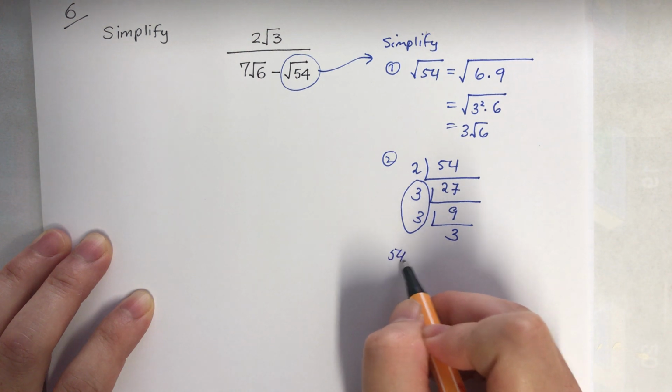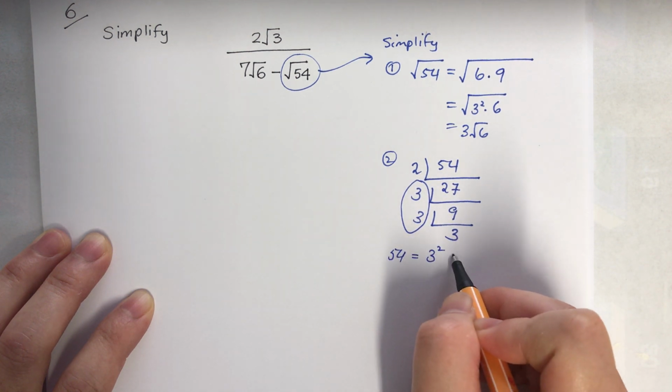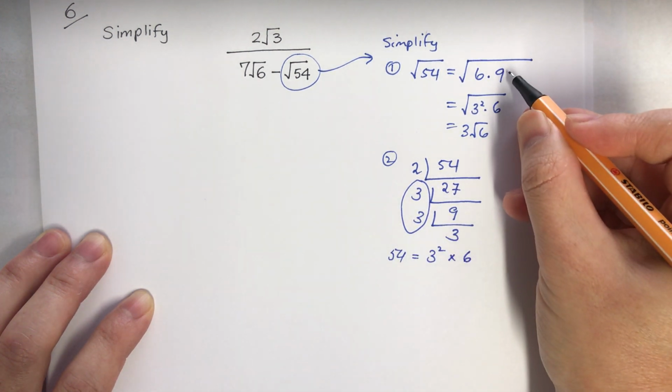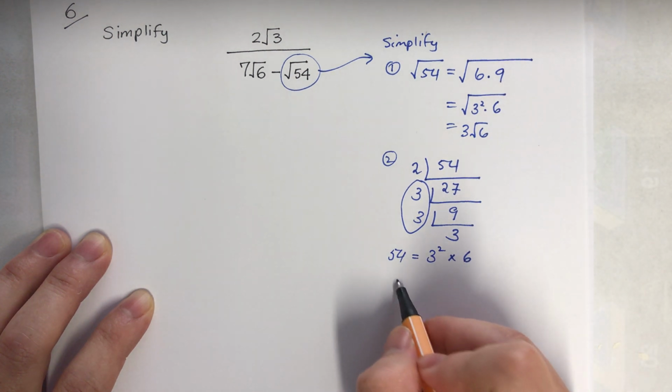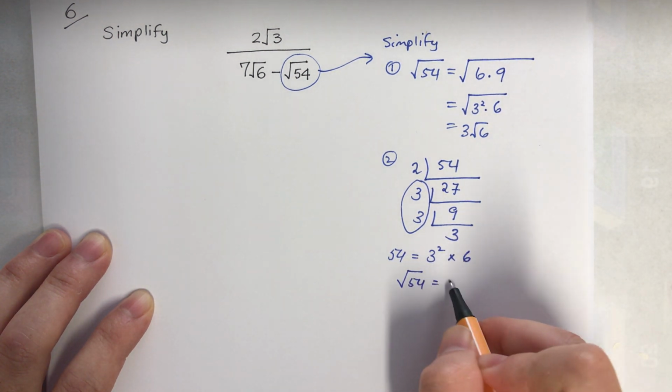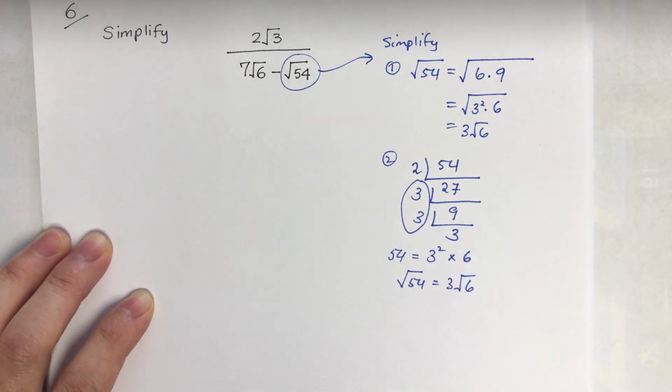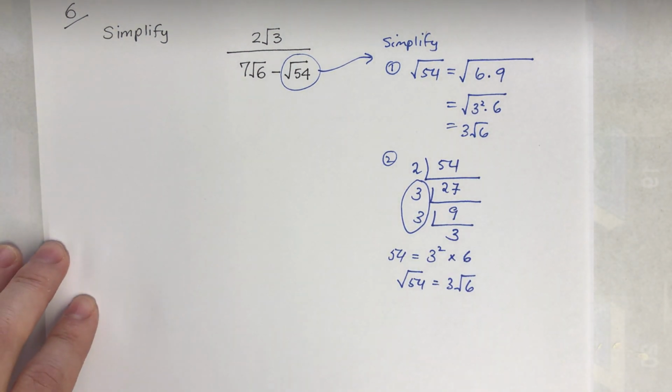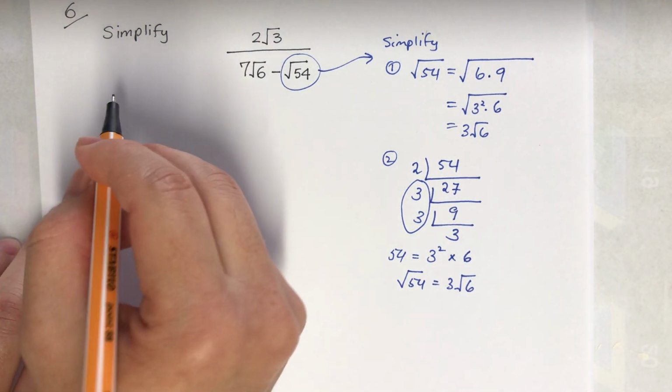So 54 equals what? 3 squared times 6, which is exactly the same as that. So root 54 equals 3 root 6, same.